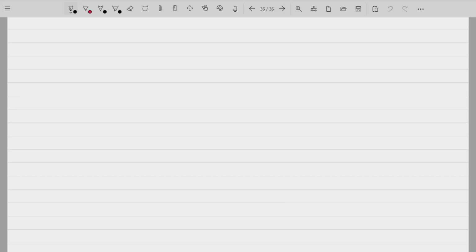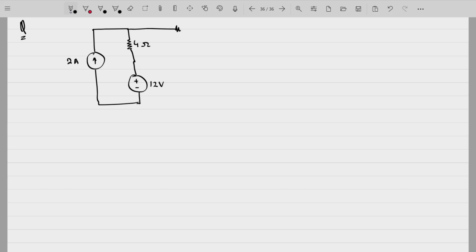So let us take an example to find a Norton's equivalent circuit. You have to find the Norton's equivalent circuit of this.